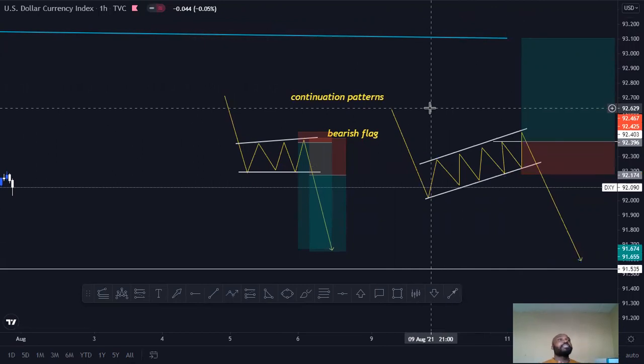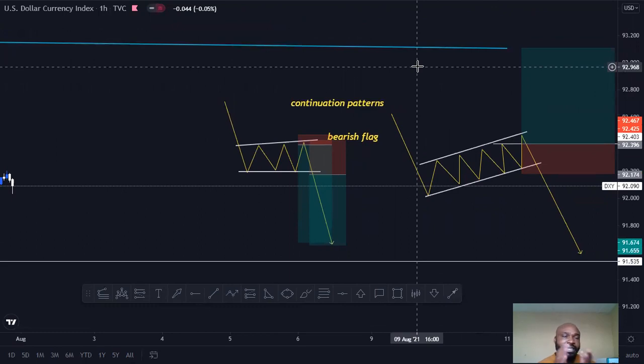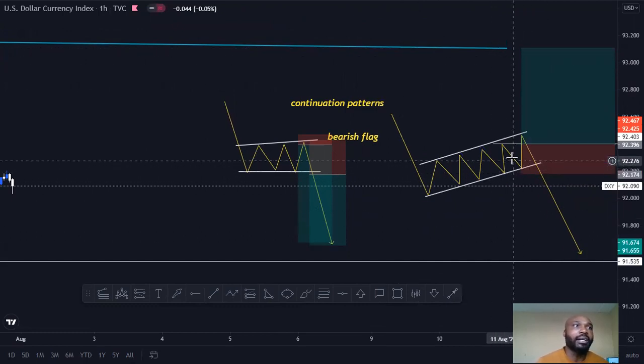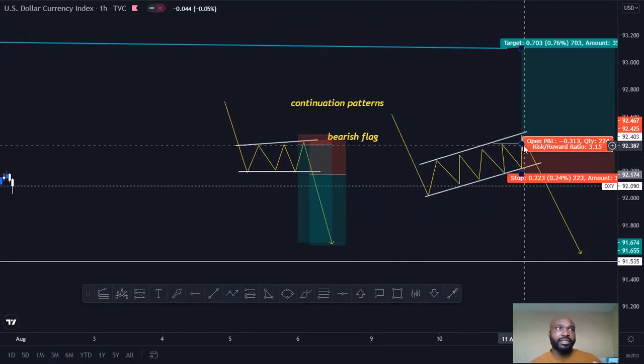Okay, so this is the difference between somebody who understands what is being formed at a particular time versus somebody who thinks they're trading support and resistance in a certain way, saying you just had a breakout and this is your retest.